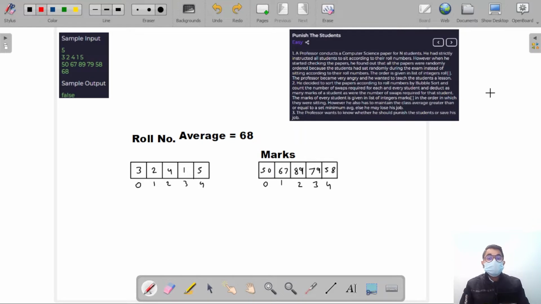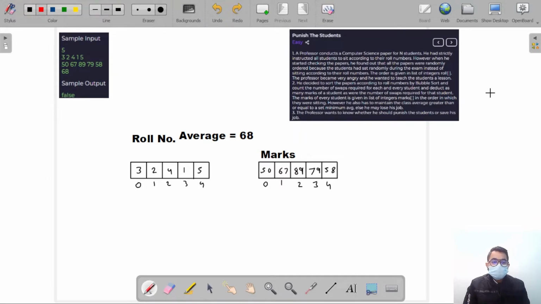He had instructed his students to sit in roll number wise order so that he would be easily able to check the papers and wouldn't have to sort them according to roll number. But the students did not follow his order and sat in random order.